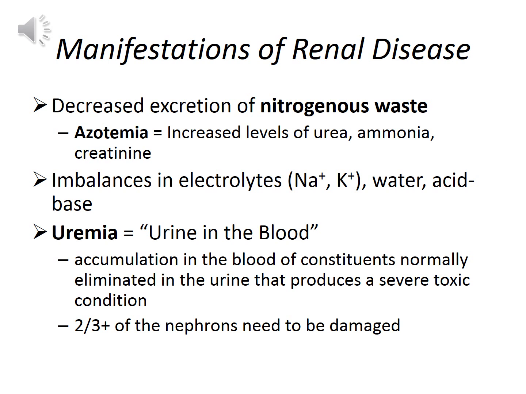This is a very, very severe condition, very toxic condition for the patients. Fortunately, we have a lot of reserves, and we're pretty resilient with renal damage. Over two-thirds of the nephrons in both of our kidneys need to be damaged before we get to that uremic condition.